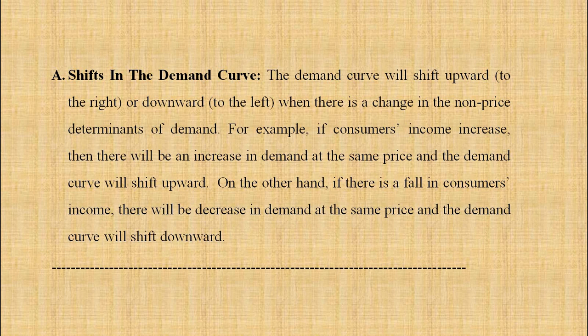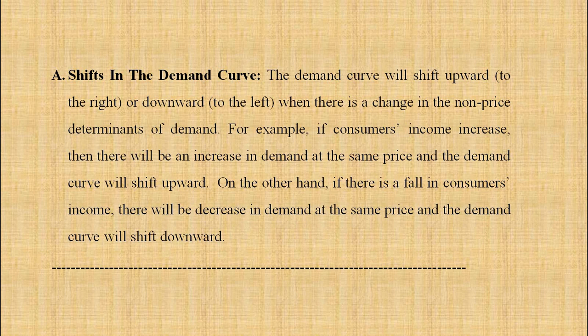On the other hand, if there is a fall in consumers' income, then demand decreases at the same price, and demand curve can shift to the left hand side, or we can say that downwards.